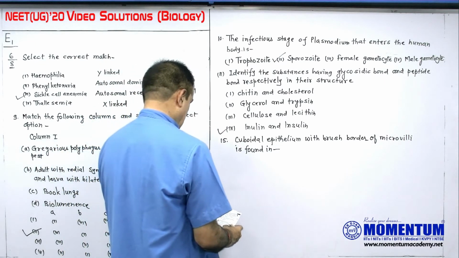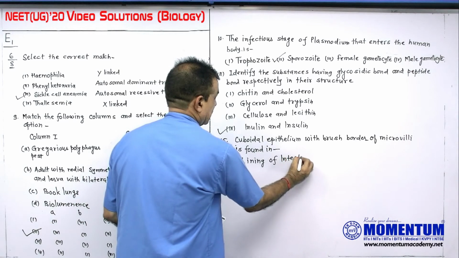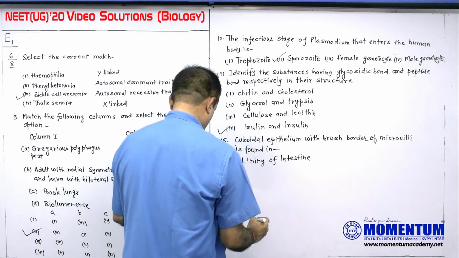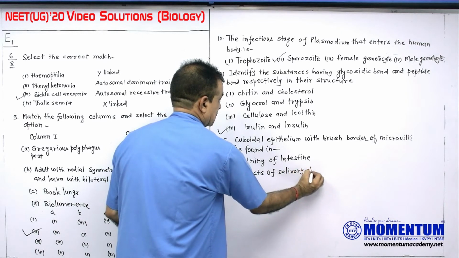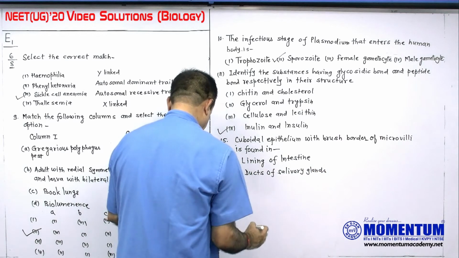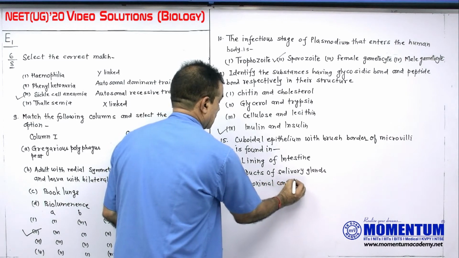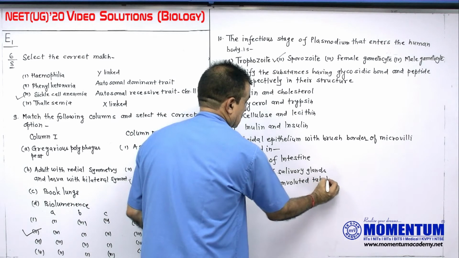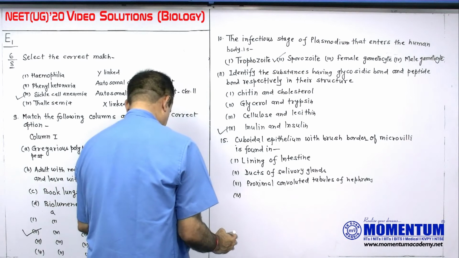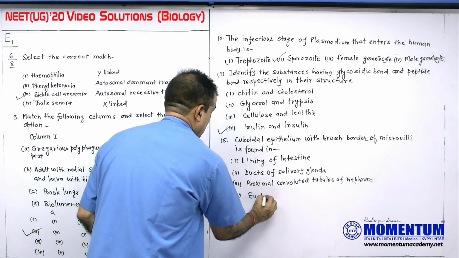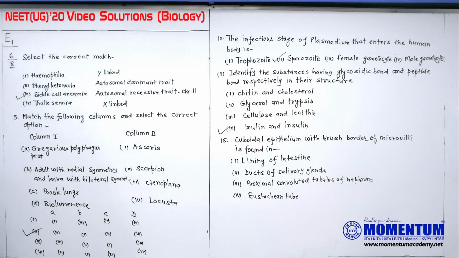Four options: lining of intestine; number 2, ducts of salivary glands; then proximal convoluted tubule of nephrons; and eustachian tube. Four options are given.